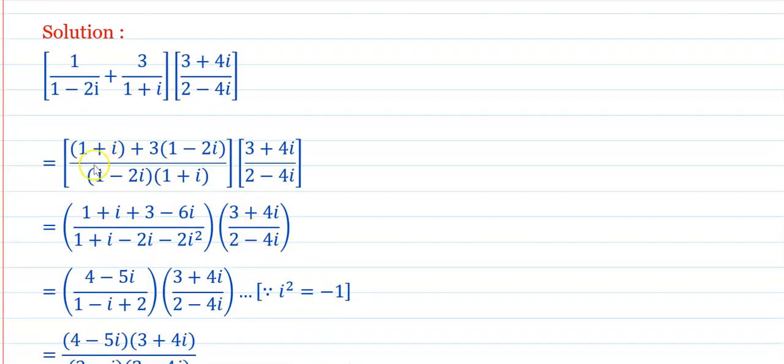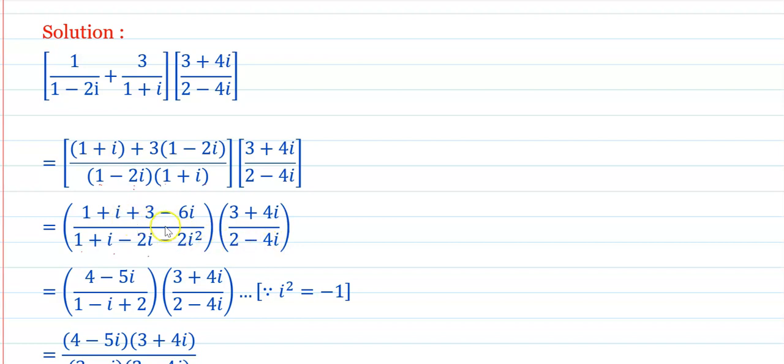Okay. A simplification 1 plus i, 3 ने 1 minus 2i ला multiplication करता 3 minus 6i. Okay. Upon the product of these two brackets: 1 into 1 you will get 1. 1 into i you will get i. Minus 2i into 1, that is minus 2i. Minus 2i into i, minus 2i square. Into in bracket 3 plus 4i upon 2 minus 4i.